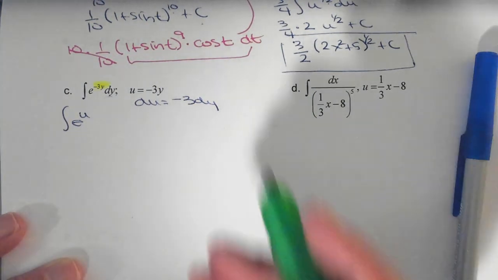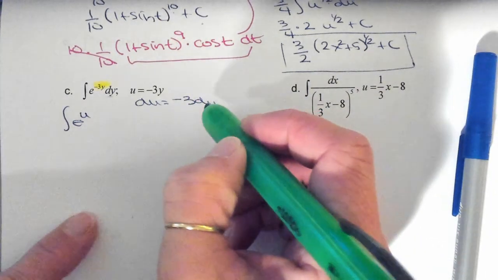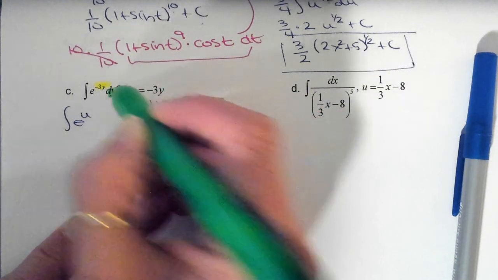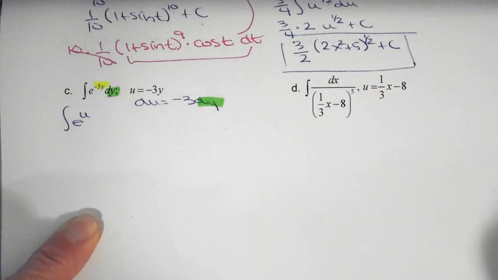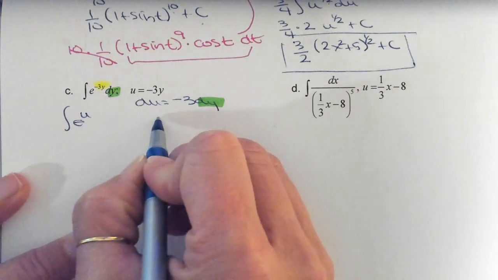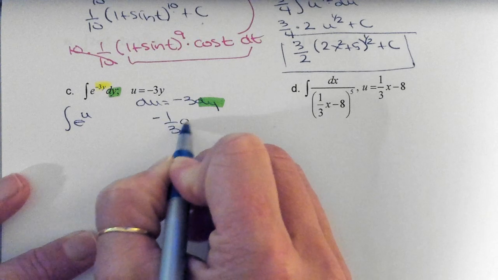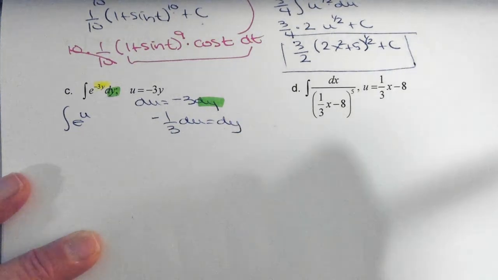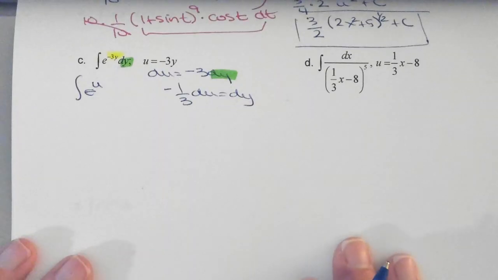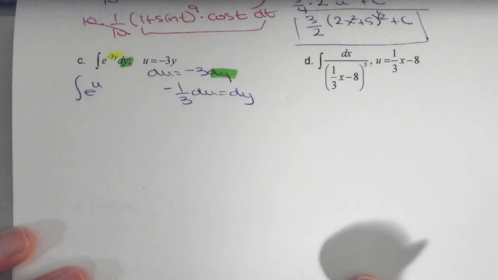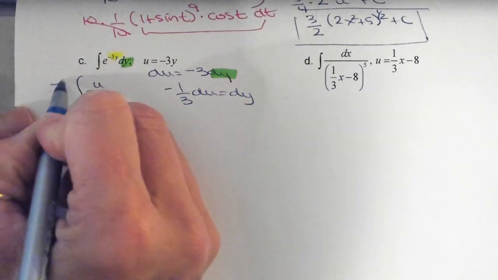Yes. Negative 3. Yes. So what did we do with this before? How do we take it out? Divide or multiply by the reciprocal. It's the same thing, right? So we have negative 1/3 du is equal to dy. Okay, so what am I going to do with that negative 1/3? Yeah, stick it in the front.